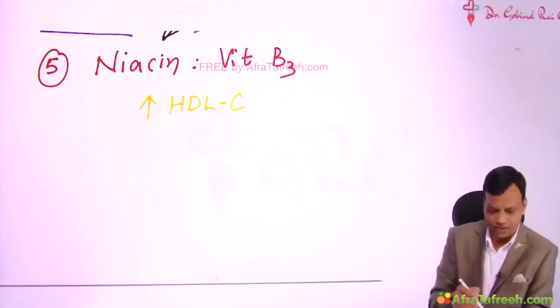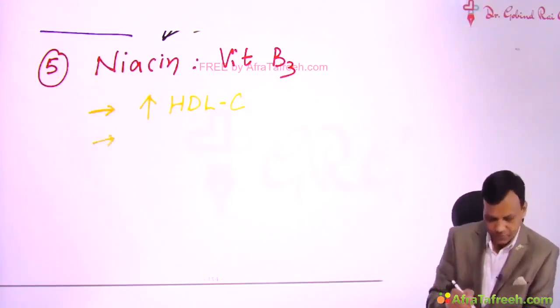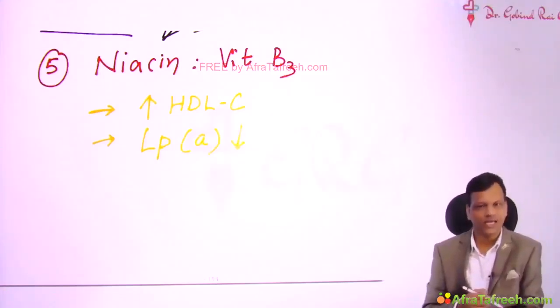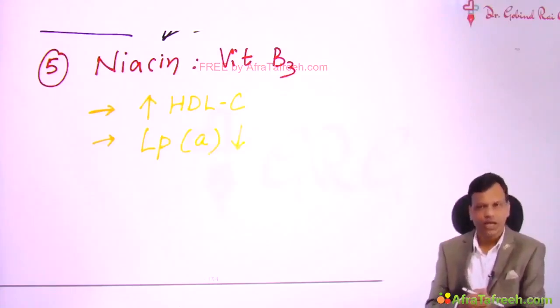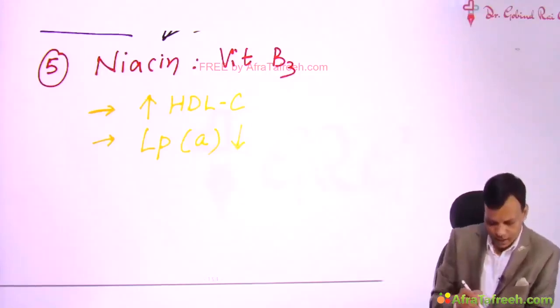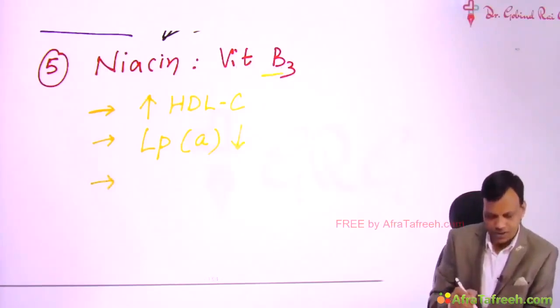Highest HDL cholesterol increasing property is with niacin. Second, this is the only drug which can decrease lipoprotein A. Lipoprotein A is a highly atherogenic lipoprotein, and niacin is the only drug which can decrease this. And another important thing, niacin is vitamin B3, which is very cheap. So it is the least expensive drug, a very cheap drug.